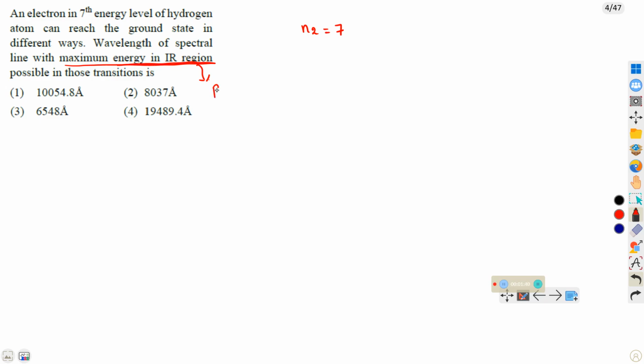The series is considered as Paschen series. This is the highest energy IR series. So this is the highest.